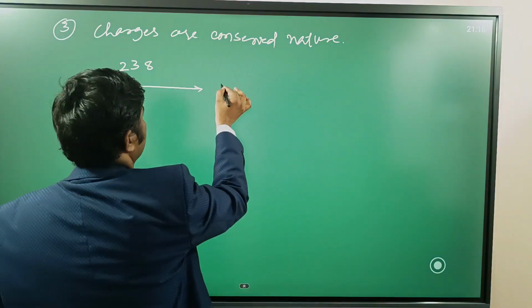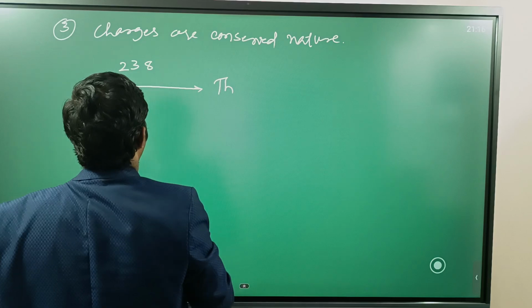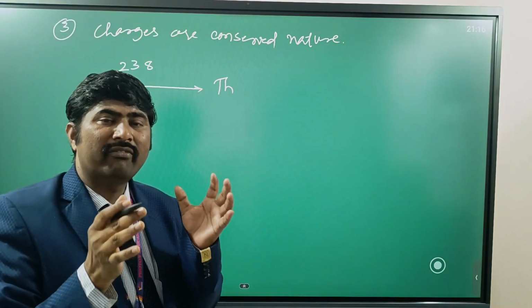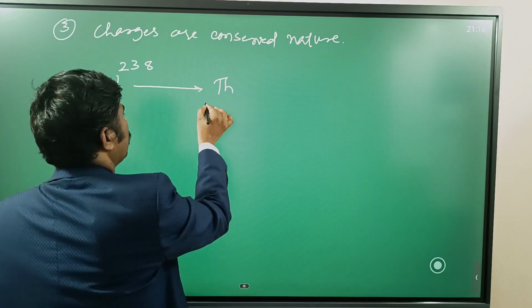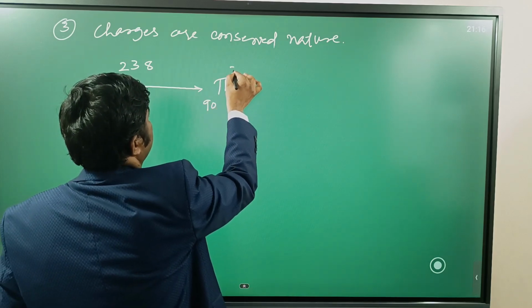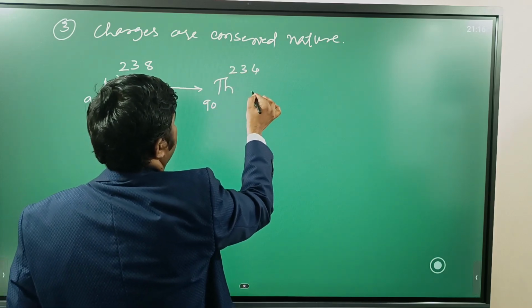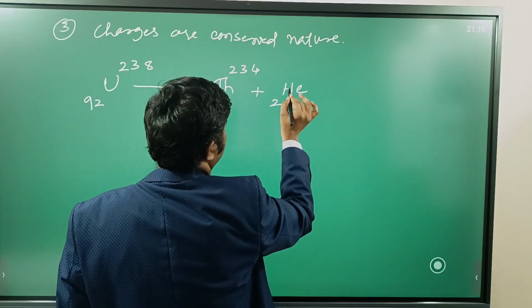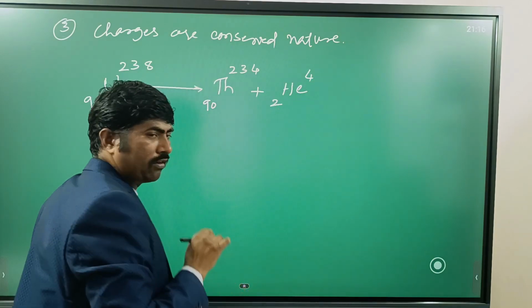One such component is thorium, with atomic number 90 and mass number 234. Along with that, it produces a helium nucleus with atomic number 2 and mass number 4.